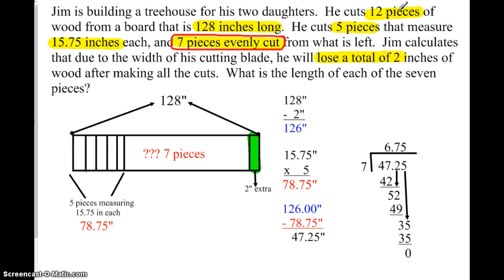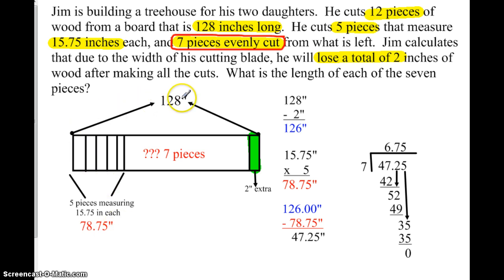Okay, but before I do that, 5 pieces measure 15 and 75 hundredths of an inch. So I did the 5 pieces here, and I know they're 15 and 75 hundredths of an inch each. So I did this. Okay, and that's where I got the 78 and 75 hundredths from.